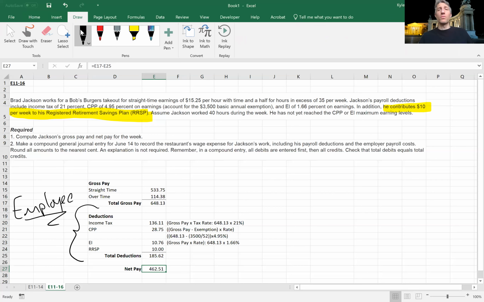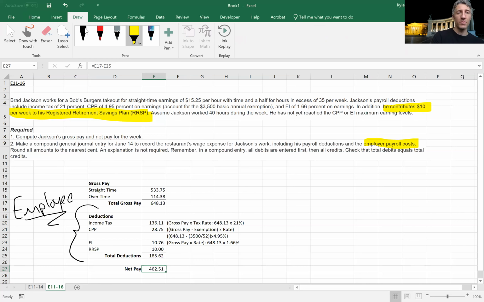That's important for us to know as we go through step 2, which I assume is a journal entry for this. Let me just make sure. Step 2: make a compound journal entry for June 14th, and we need to include payroll deductions in the employer payroll costs. The employer payroll costs are going to be the gross pay, but the employer also has to contribute to the statutory deductions of CPP and EI.